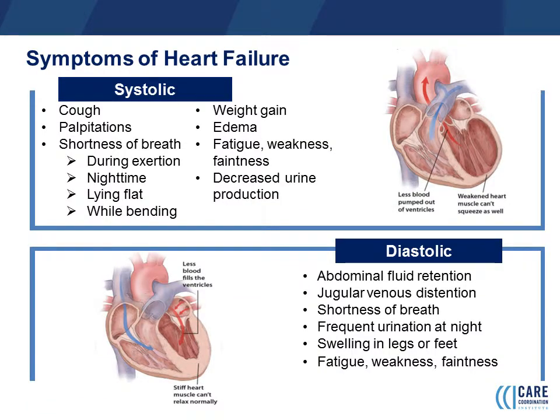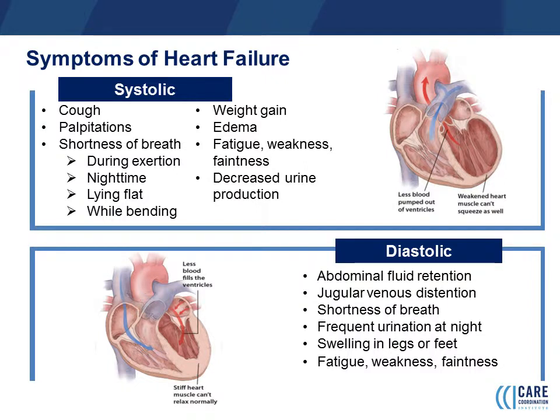So if we go from risk factors now to heart failure, what does that look like? Let's see what happens. This top picture shows how oxygenated blood is returning from the lungs through the pulmonary artery into the left atrium, through the mitral valve into the left ventricle and out to the body.